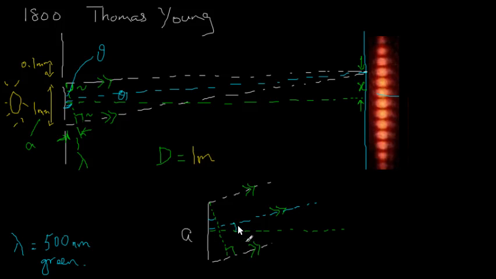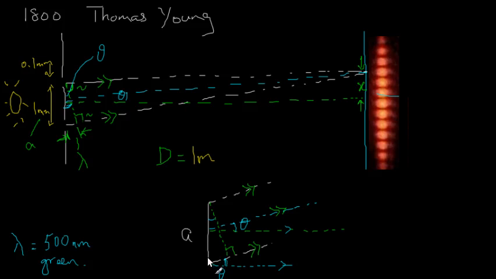This angle, I'll call theta. Now, in order to relate it to this angle, what I could do is draw a line parallel to this, a line here. So if I draw a parallel line to this, then this angle is the same as this angle. This is also theta.